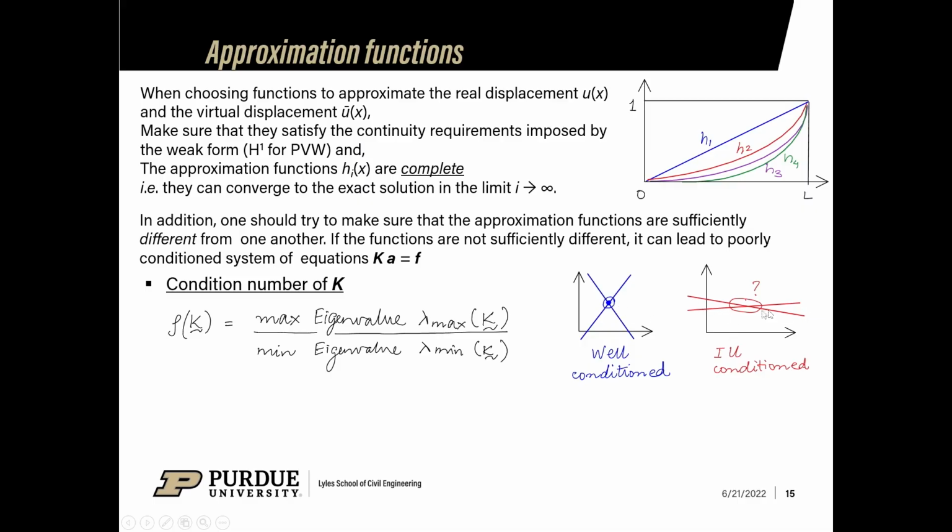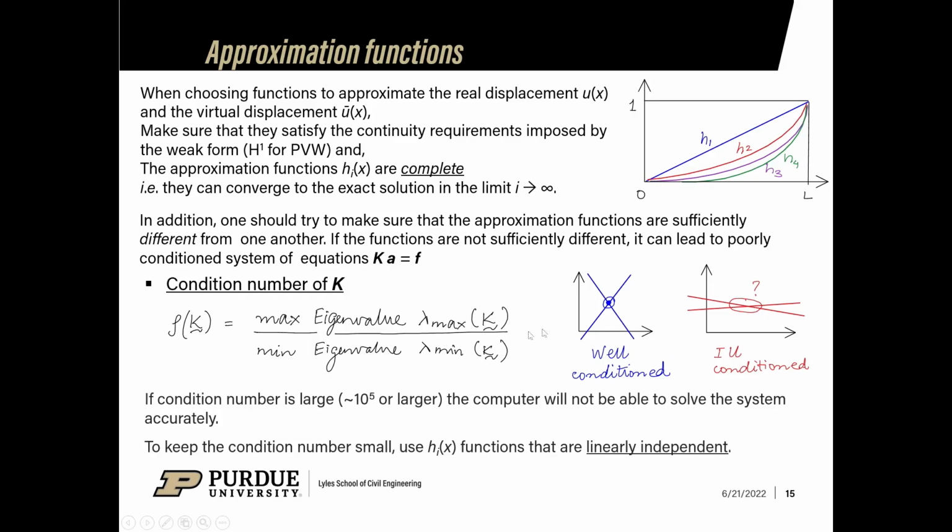However, if those two lines are not clearly apart, which will happen if the functions that you're adding to your approximation look more and more like each other, then the lines that represent the equations of your system would also end up looking like each other. This is an ill-conditioned system, where the computer may not be able to find exactly where these lines intersect, and the accuracy of the solution will drop.